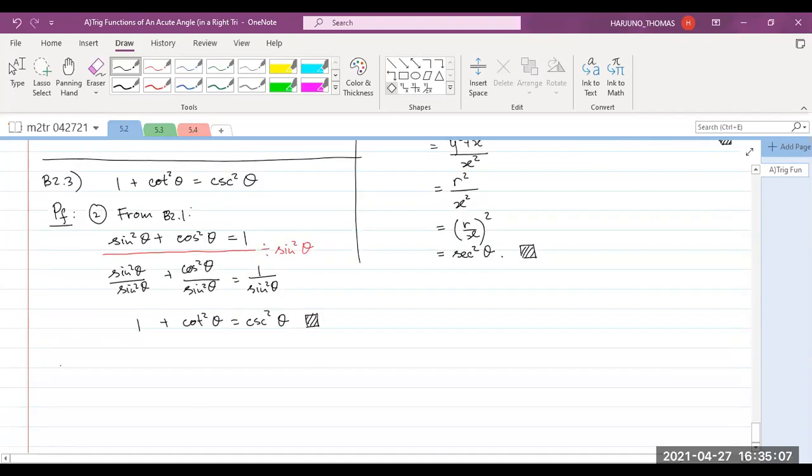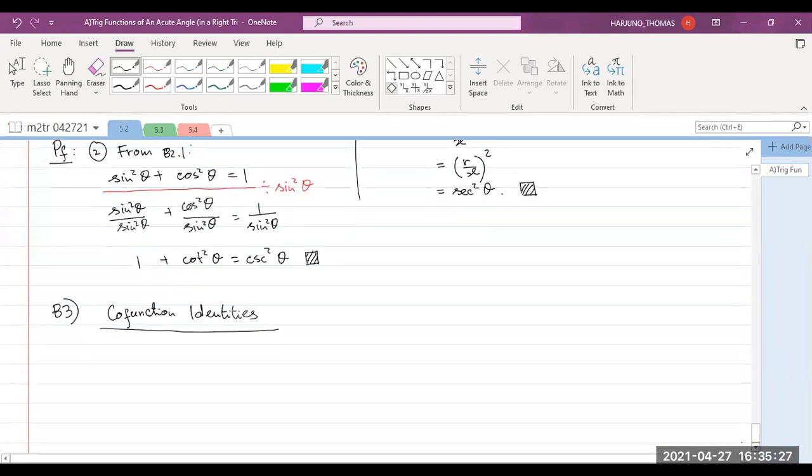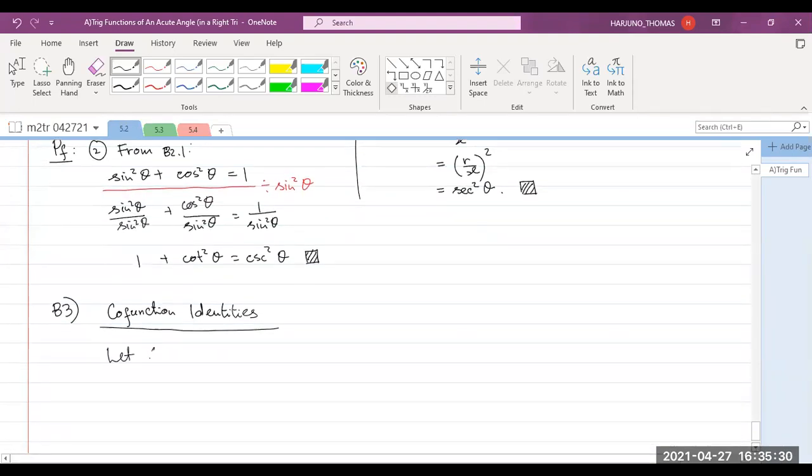Okay. Now, how about B3, the cofunction identities? I will prove all three at once by looking at this picture. Let A and B be non-right angles in a right triangle.